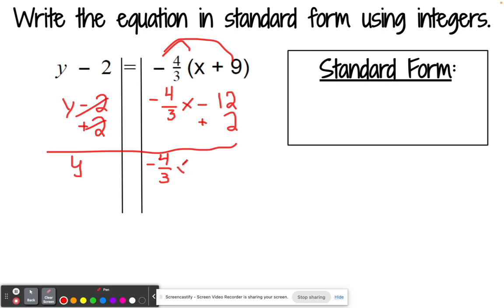Feels like lots of steps, doesn't it? Negative 12 plus 2 is negative 10. Okay, let's move this to the other side by adding 4/3 x to both sides.